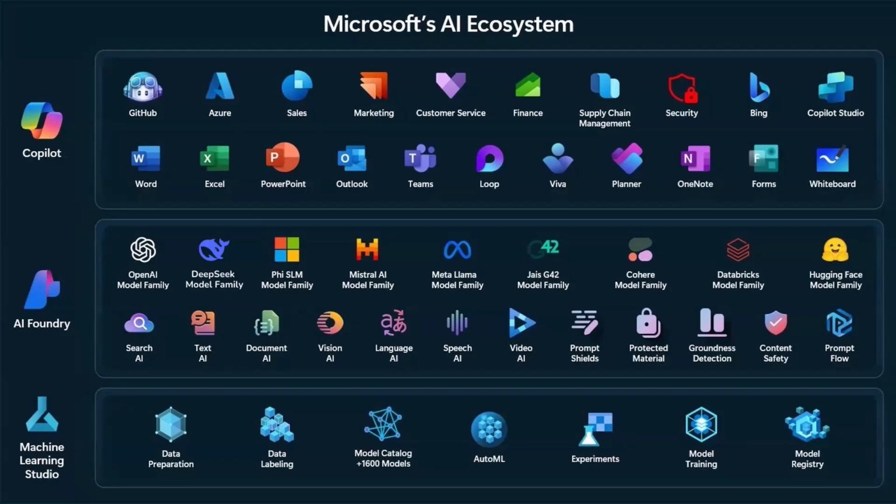They have Machine Learning Studio as well for data preparation, data labeling, model catalog, AutoML experiments, and many other things. So this is the way we have things inside the Microsoft AI ecosystem. I hope now we have more clarity on how Microsoft has built a complete ecosystem around AI.